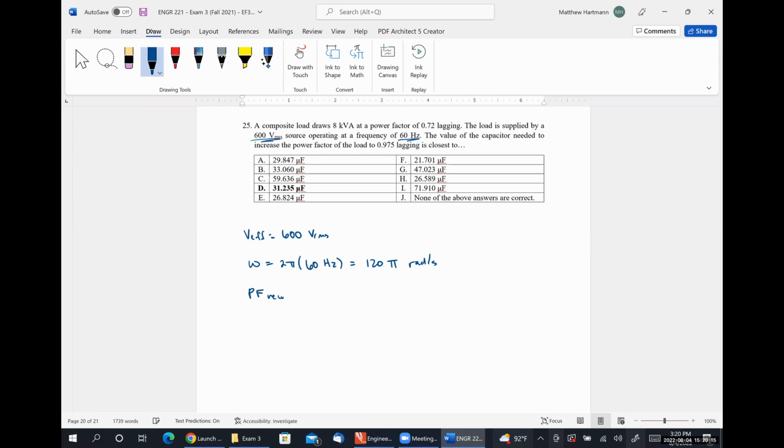PF new is given by 0.975 lagging, which means theta new is the inverse cosine of 0.975 lagging, which is just 12.836. I even used the same number as I did in the example problem here.